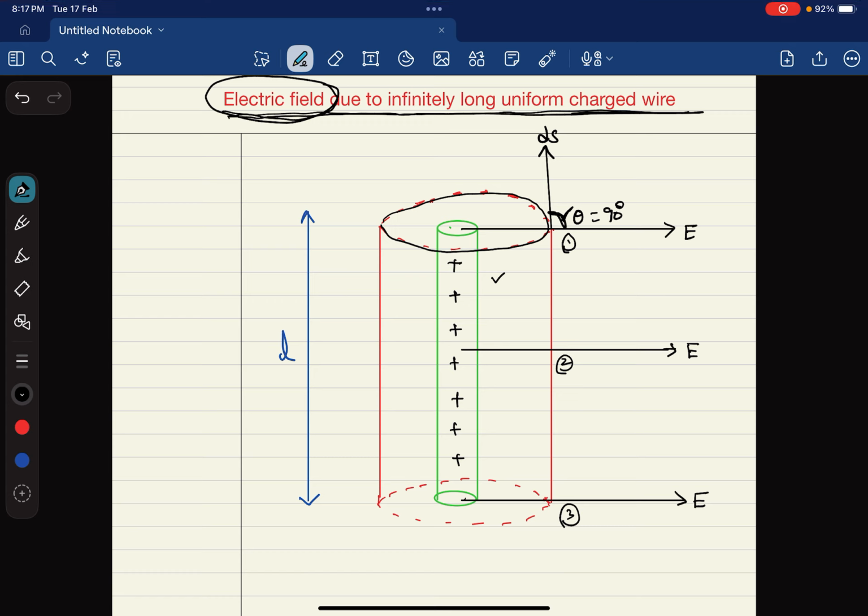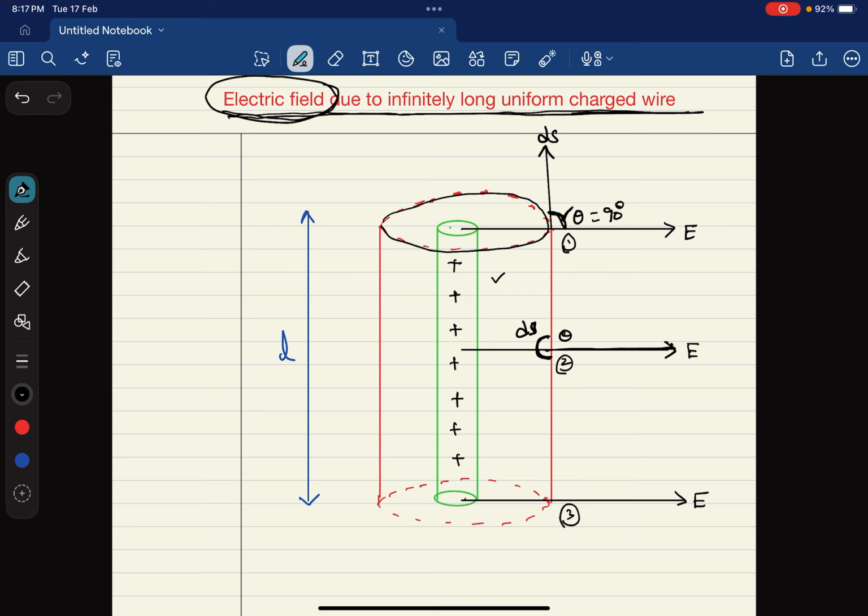Similarly, for the second region, the central part, the electric field is radially outward, and if I take a small surface area ds, the area element and electric field are parallel to each other.